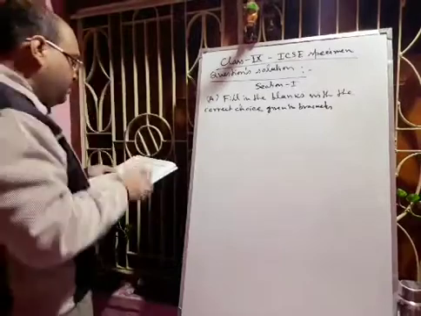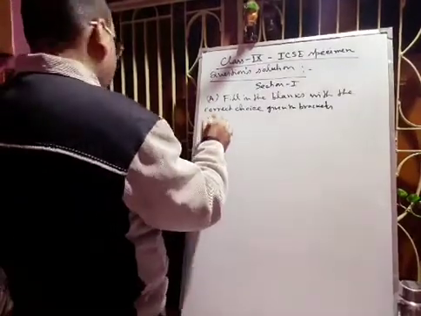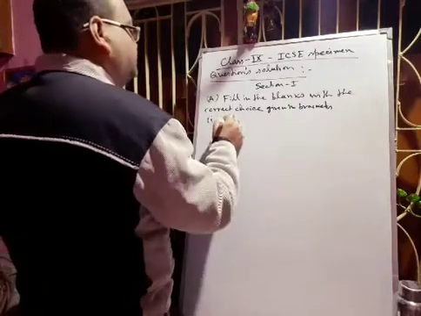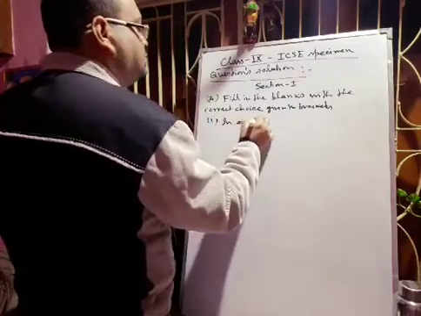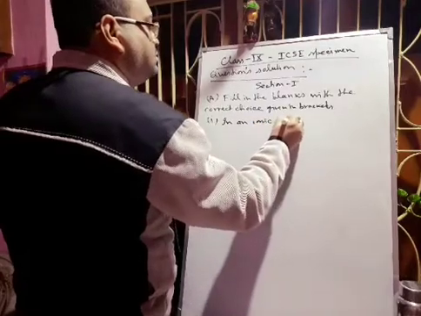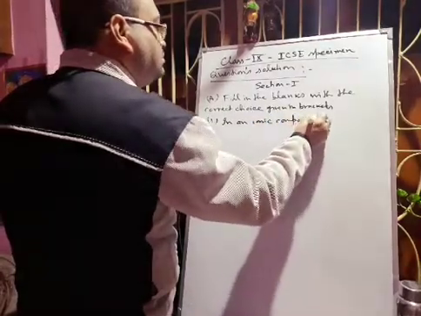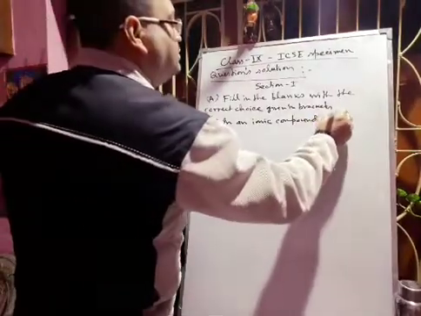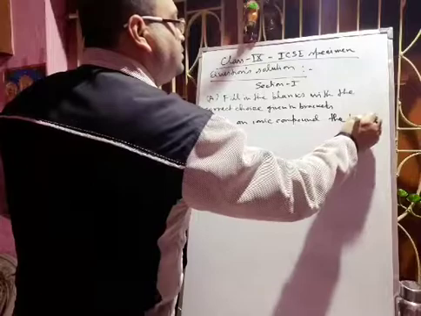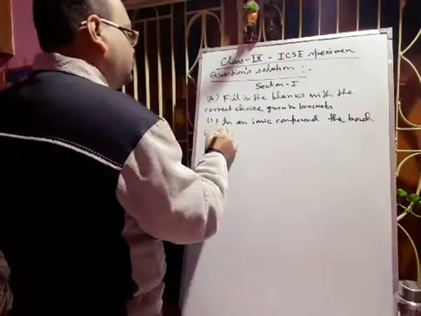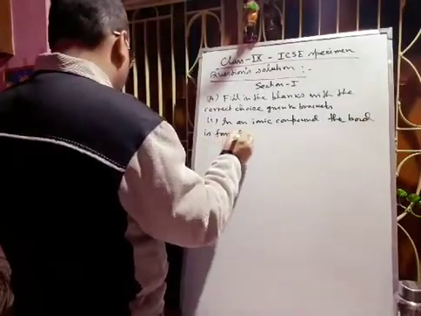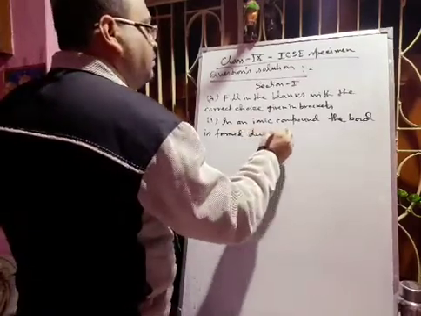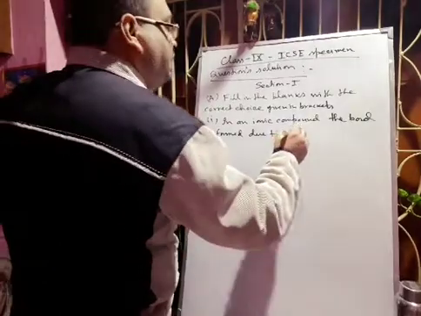In an ionic compound, the bond is formed due to dash of electron.